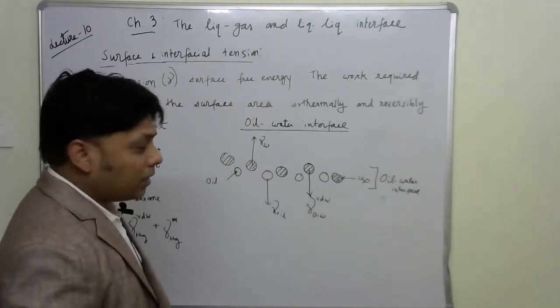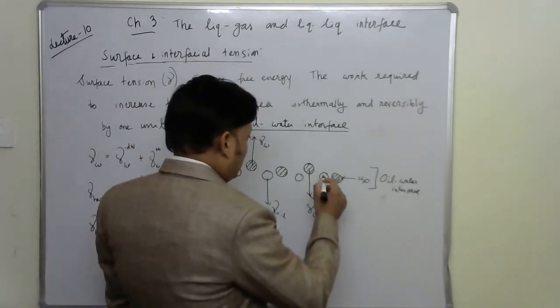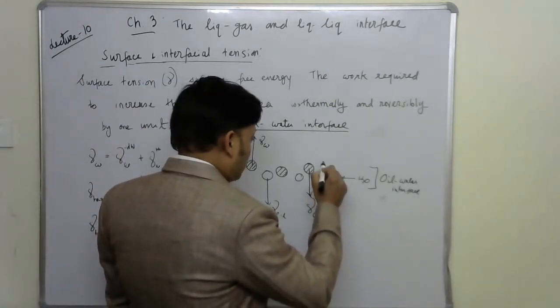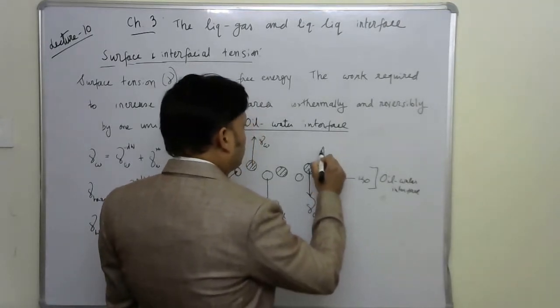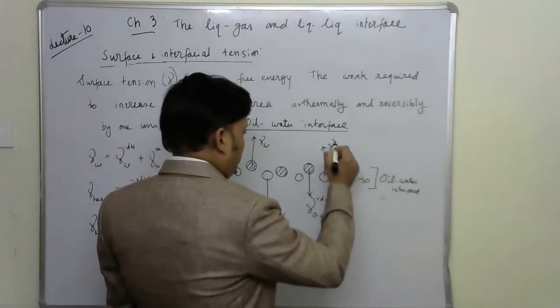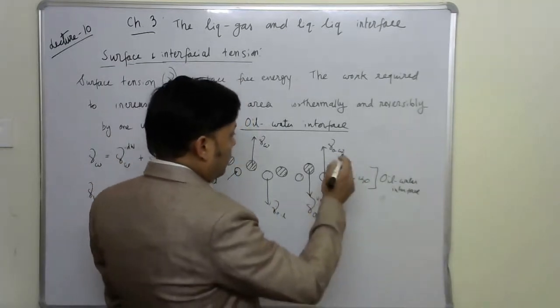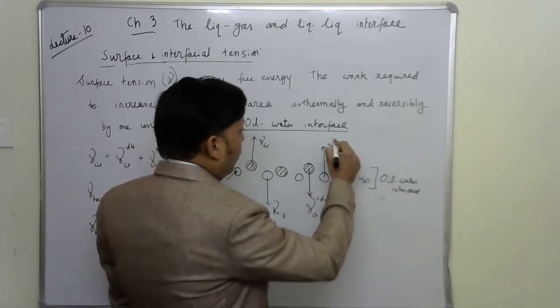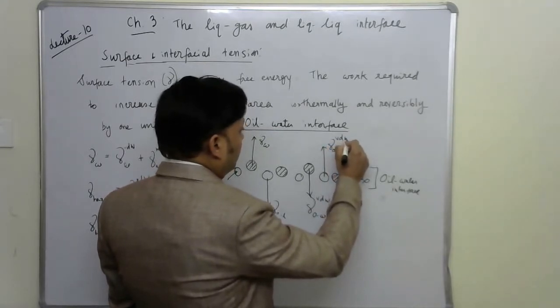Similarly, the oil molecule would feel a pull towards the bulk water medium, by the action of the identical force. So this is again gamma oil water van der Waals.